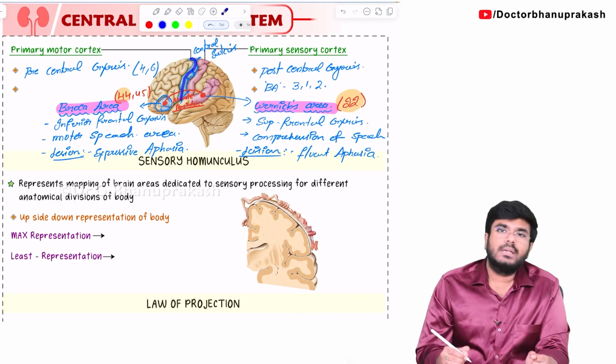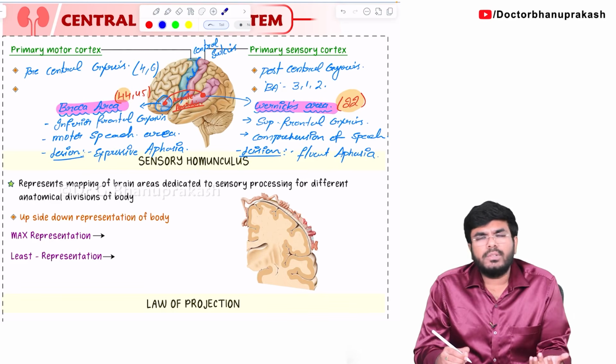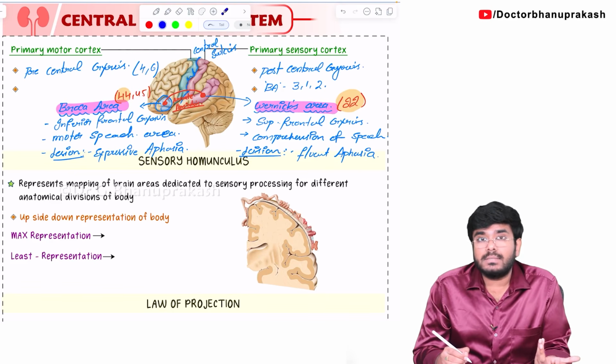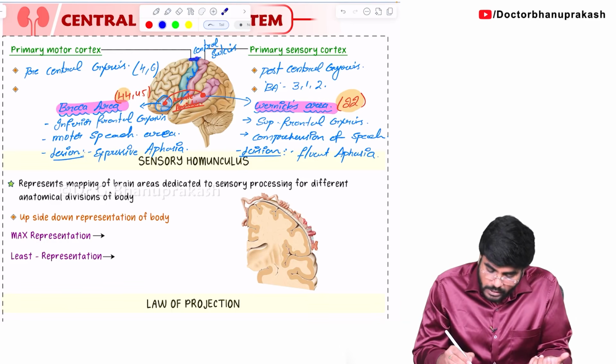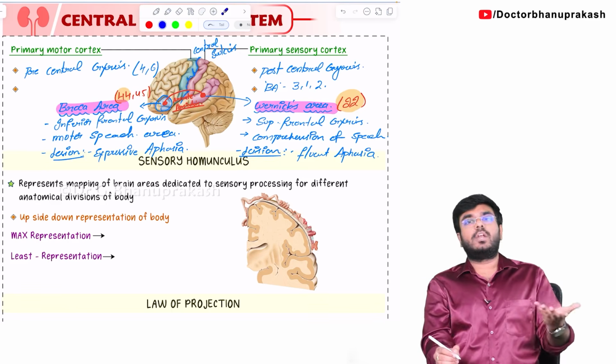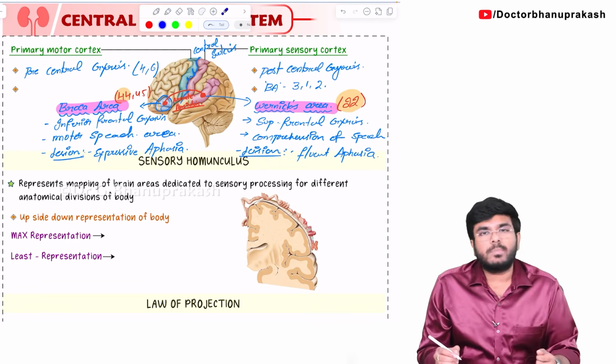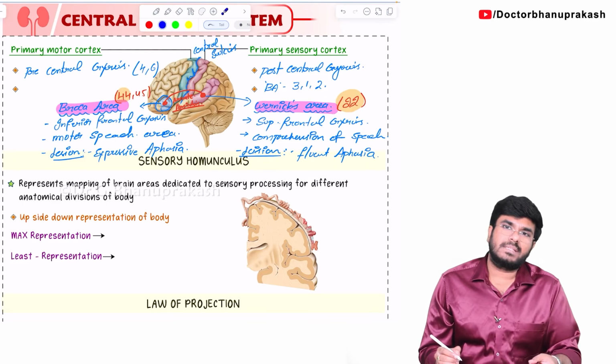Now, when the motor cortex is gone, do you think the person can move? No, he cannot move. Now, he is going to get paralysis, because he cannot contract the muscles. The contraction of the muscles, or the movements, are controlled by the motor cortex. If the motor cortex is gone, he cannot have movements properly. So, that is going to cause a spastic paralysis.